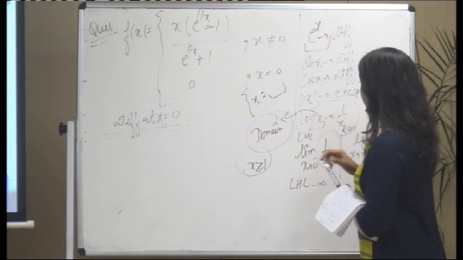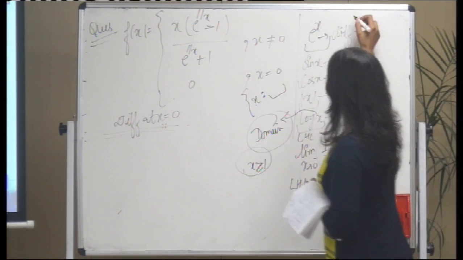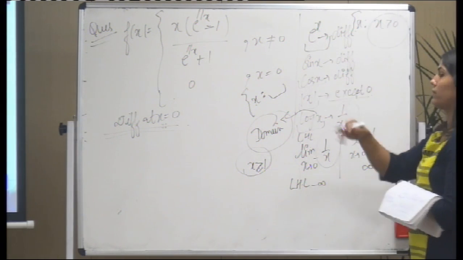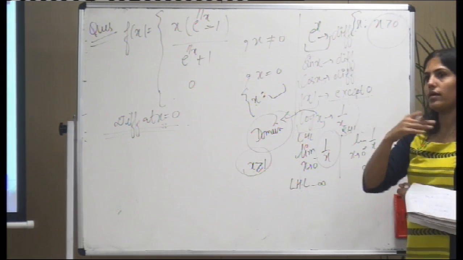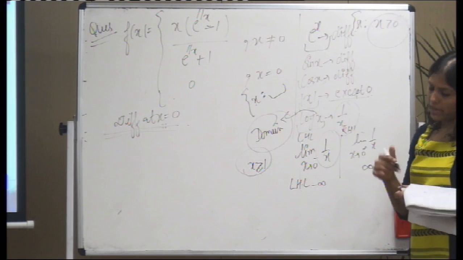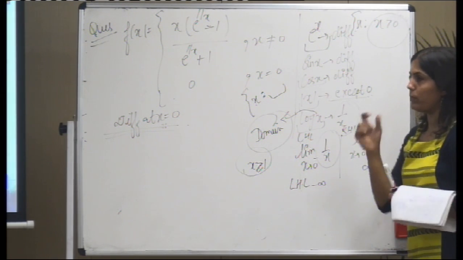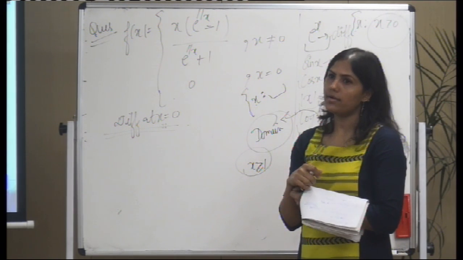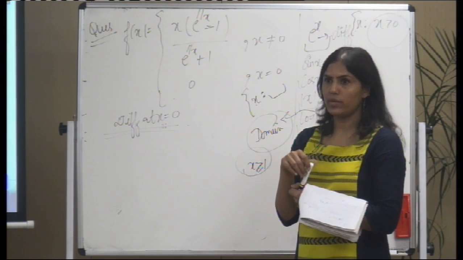The domain of log is all those points which are greater than 0. We don't take 0, we go from 0 onwards. Now, right at the start I told you something important: I always check differentiability on the domain only.